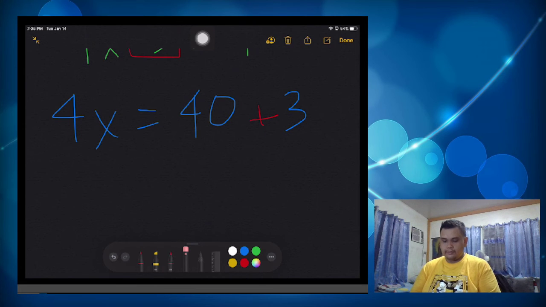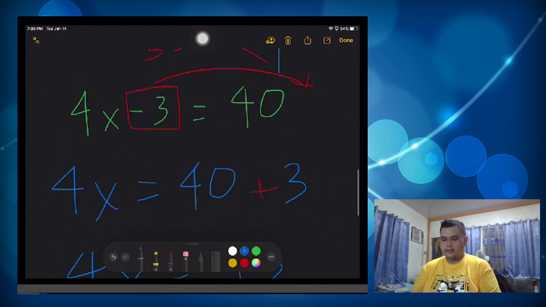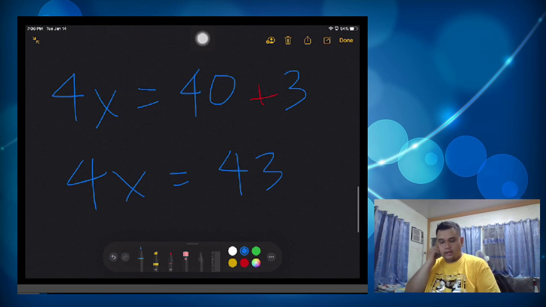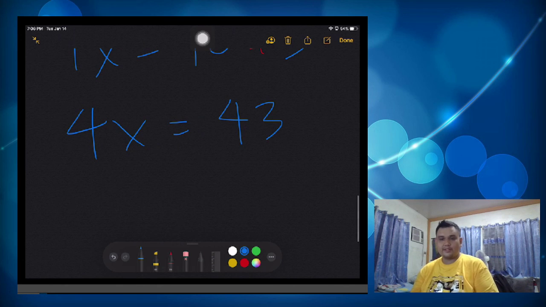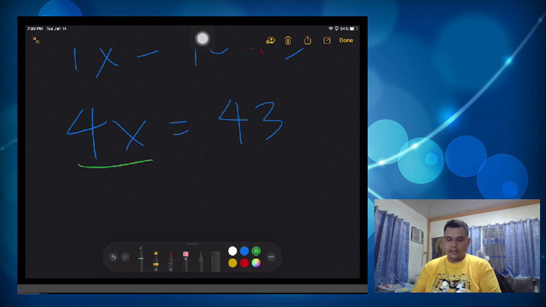So simplifying it further, it will now give us 4x equals 43. And how do we solve this now? What's left is the process of multiplication, which is 4x. And still you want to leave x alone on one side, as you notice that x is still not left alone. So we need to remove the value 4 here through the process of cancellation.